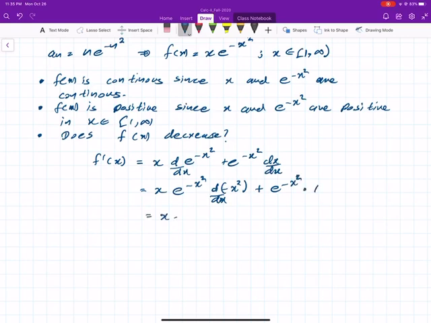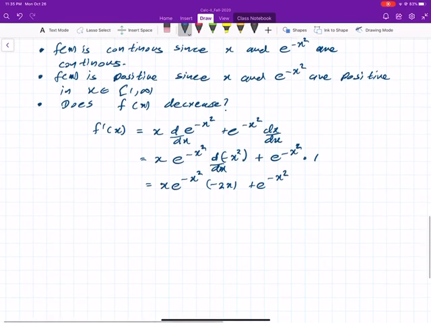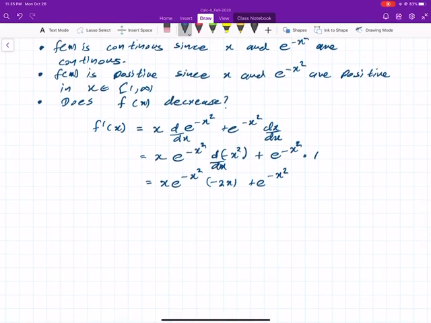This is x e to the negative x square times the derivative of that, which is negative 2x, plus e to the power negative x square. Now you can see e to the power negative x square is a common term. You take e to the power negative x square out, and then you write 1 minus 2x square. Okay, now this is f prime of x.